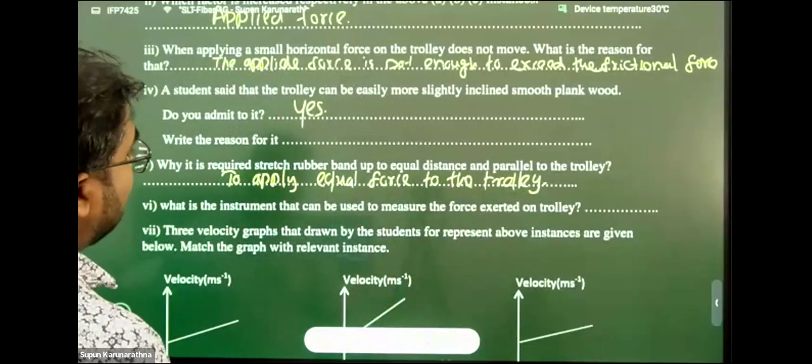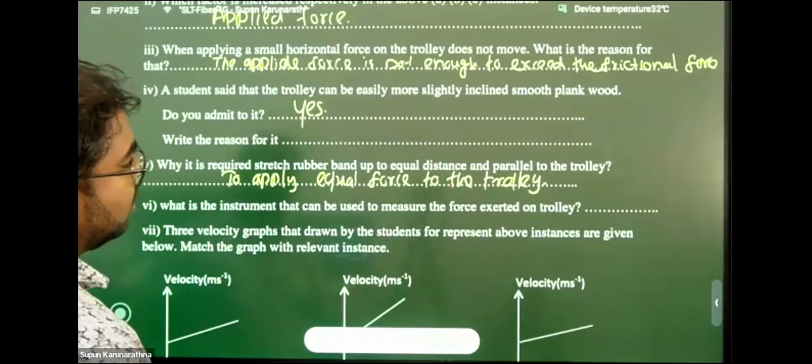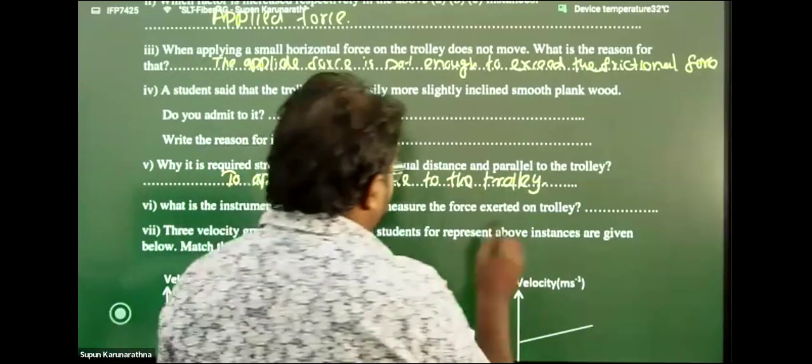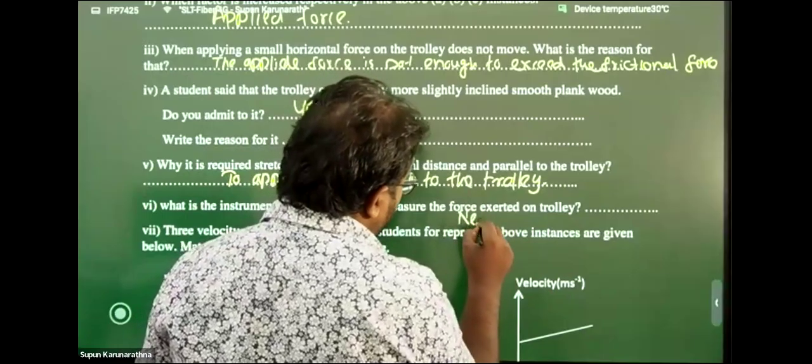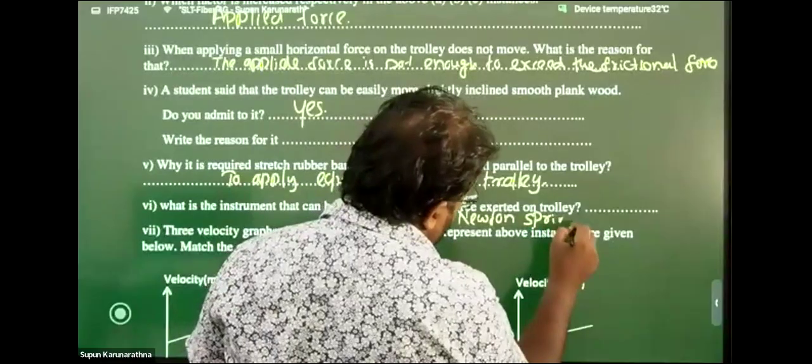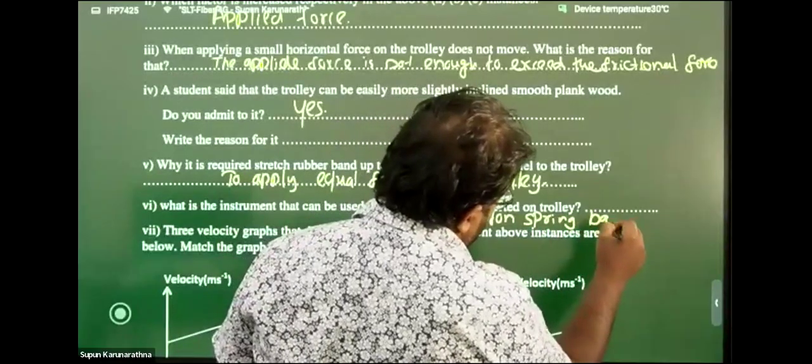What is the instrument that can be used to measure the force exerted on the trolley? What can we use? We know that in the laboratory, to measure force, we use the Newton spring balance. Newton spring balance.